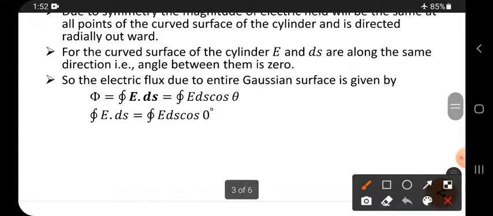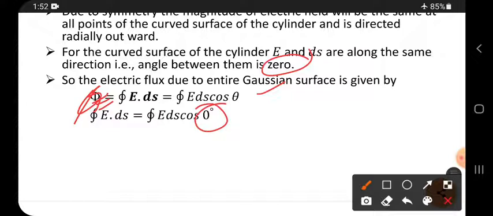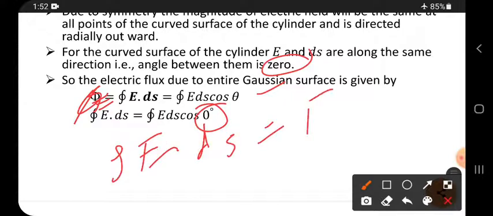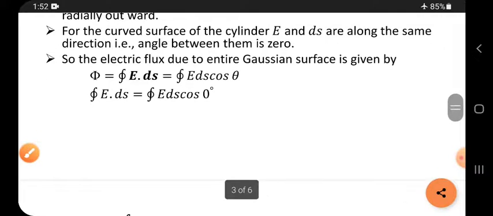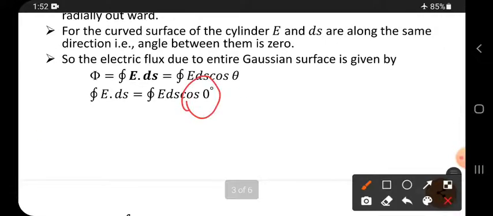Now the formula is flux phi E equals integral E dot ds, which can be written as integral E ds cos theta, and here parallel means the angle is 0. Substituting the theta value, integral E dot ds is integral E ds only, because cos 0 is 1.